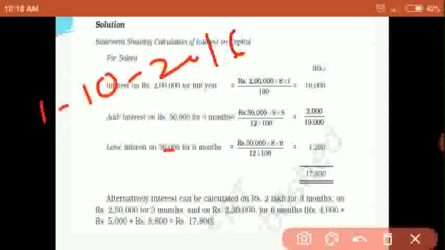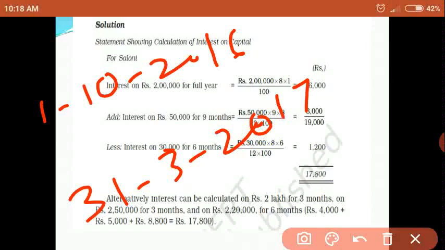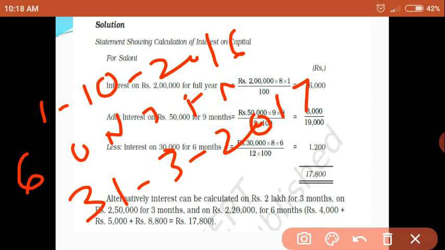So till the year ending, 31st March 2017, we have to calculate outstanding months. October is the beginning: October, November, December, January, February, March. 6 months outstanding.